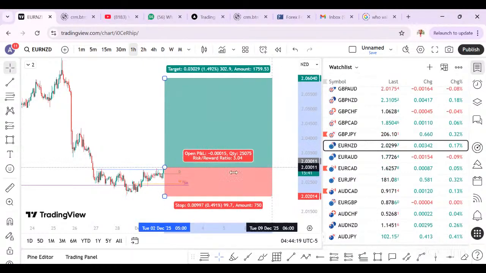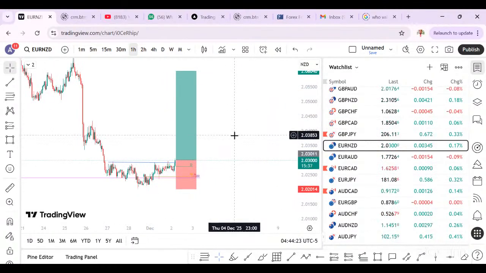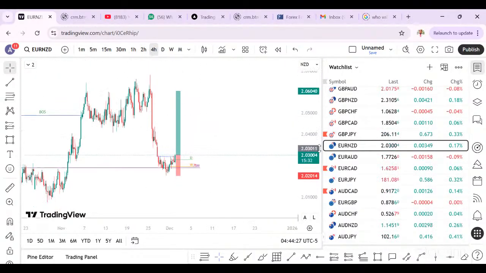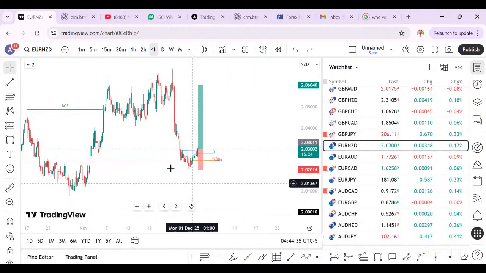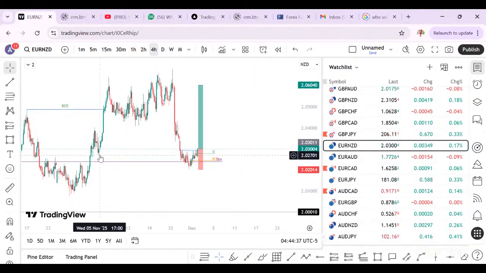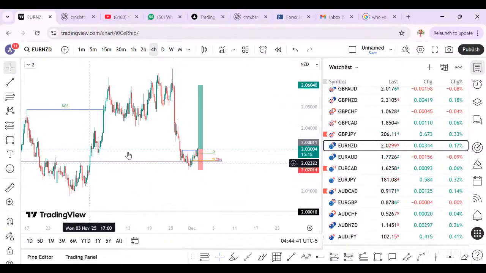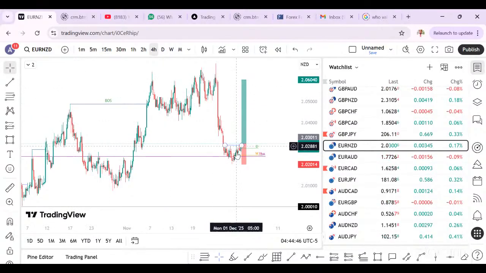So those of us that are interested in trading it, once this candle closes by 11, then you can buy it, put your stop loss just below this weak, and allow it to play out. Okay? Euro NZD is good to buy. Price from here, we have a break of structure. Price has come to where?